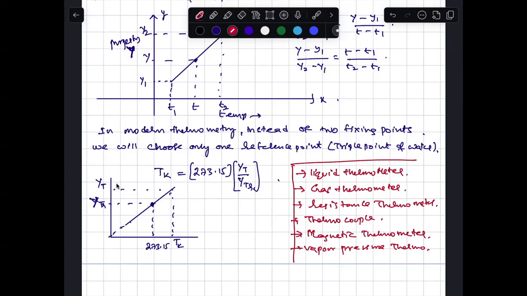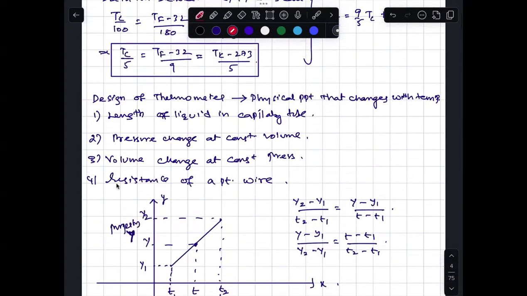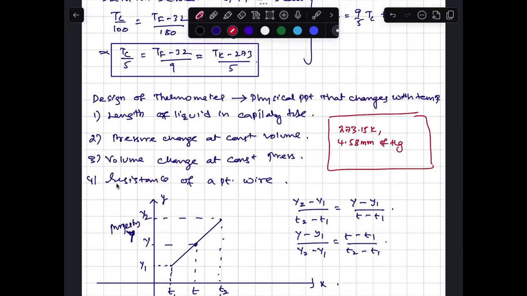Just introduced the nature. Someone was asking me about the triple point, so I am just mentioning it again. For water, 273.15 Kelvin temperature and a pressure of 4.5 mm of mercury. You know what is a normal atmospheric pressure? 76 cm of Hg, that's right.